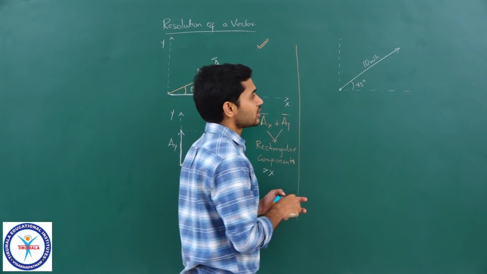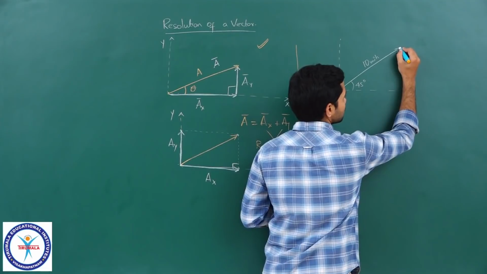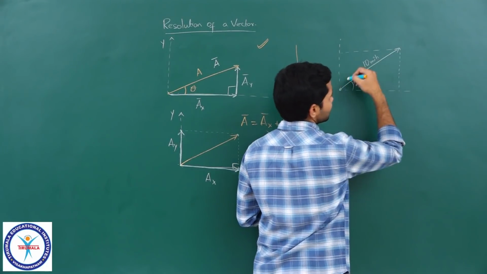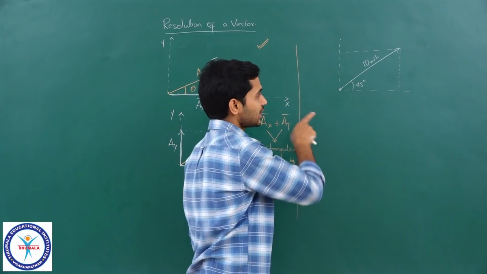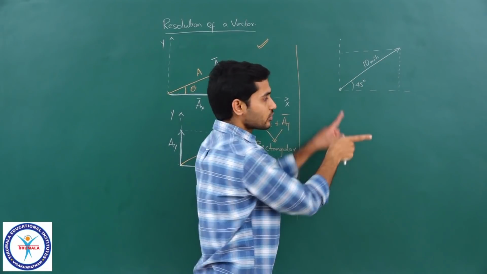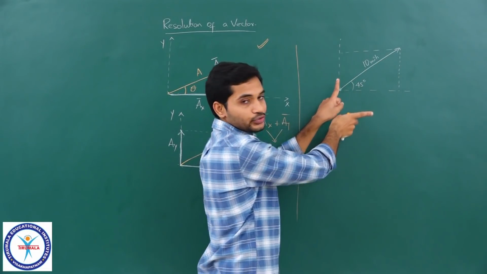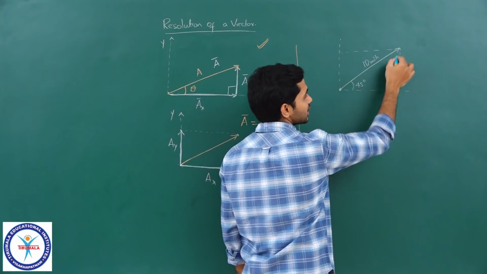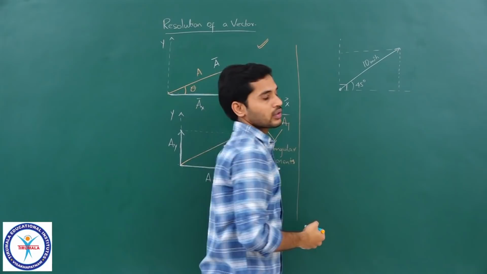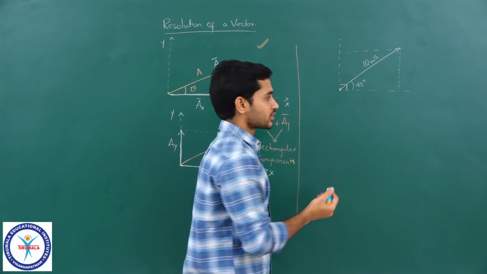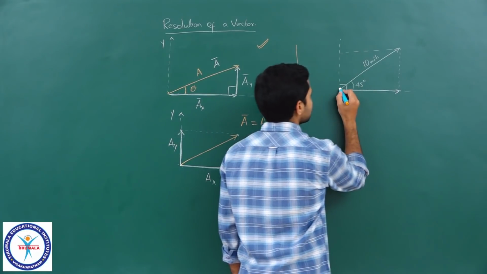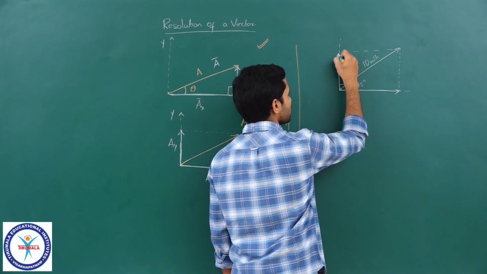As I told you earlier, first drop a perpendicular onto both axes, which means you are basically constructing a parallelogram, with that as the diagonal, right. The diagonal will give you the resultant of these two vectors. So, I am constructing a parallelogram, in this case a rectangle because we are trying to find rectangular components.